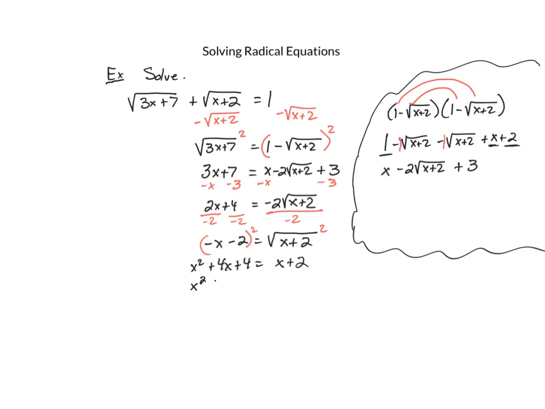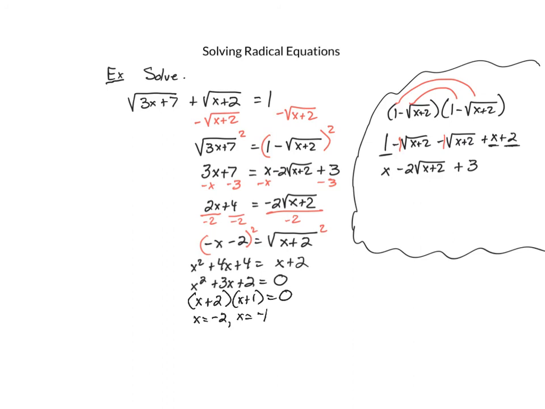X squared plus 3x plus 2 equals 0 will be our next line. Factor x plus 2 times x plus 1 equals 0. And our potential solutions are x equals negative 2 and x equals negative 1.